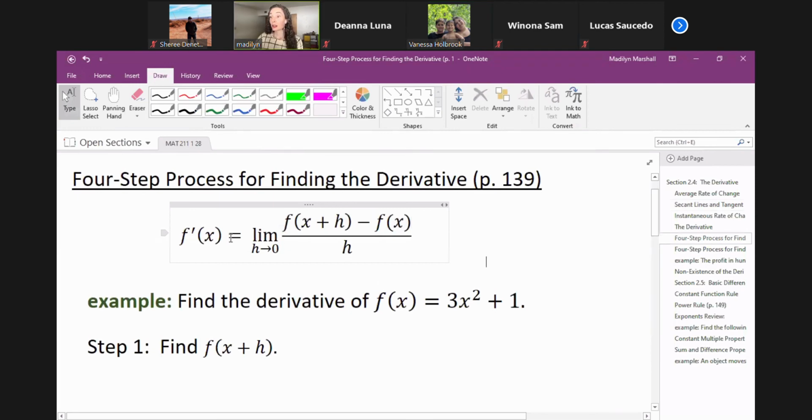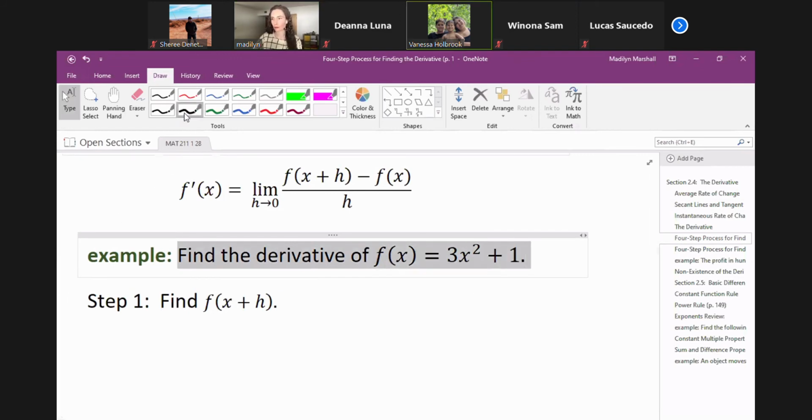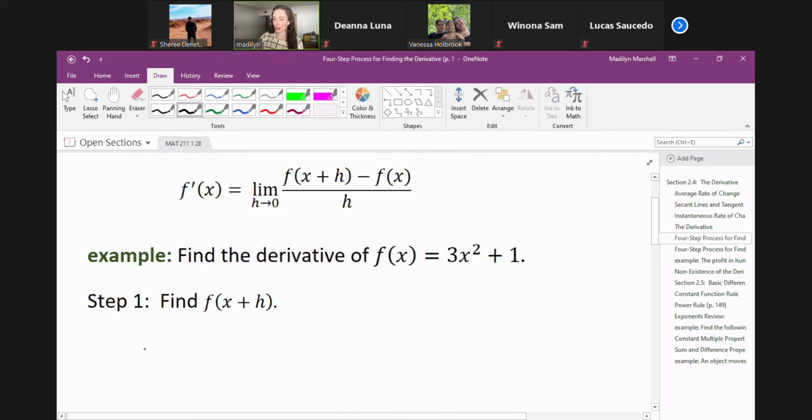I just put the definition of derivative up here again, just so it's handy. It's the same thing as was on the previous page. Our job is to find the derivative of this function, 3x squared plus 1. The first step is to find f of x plus h. That's just the first part of that limit.